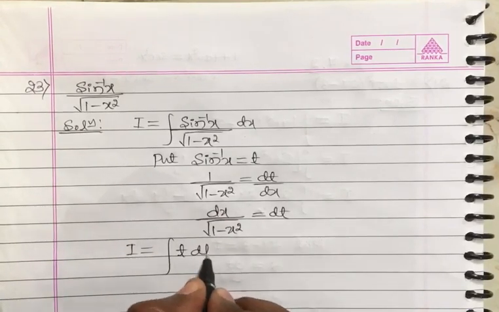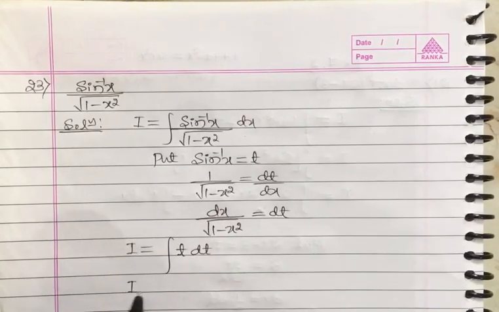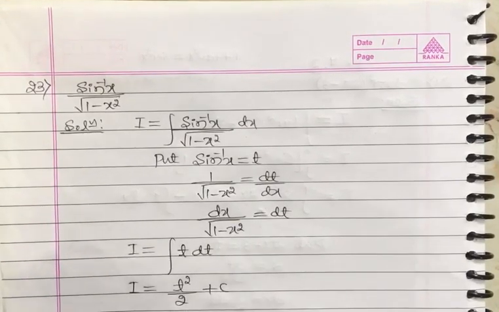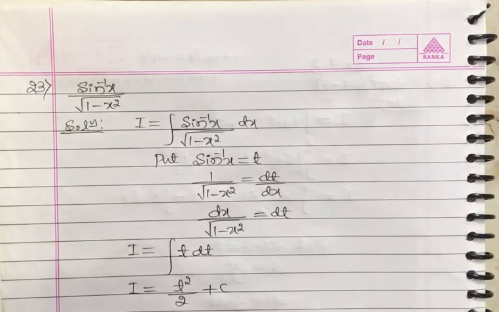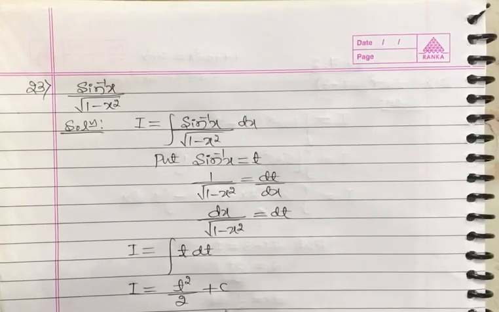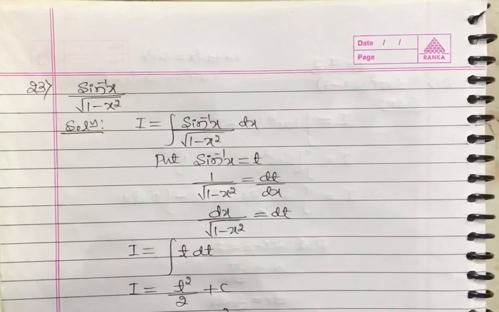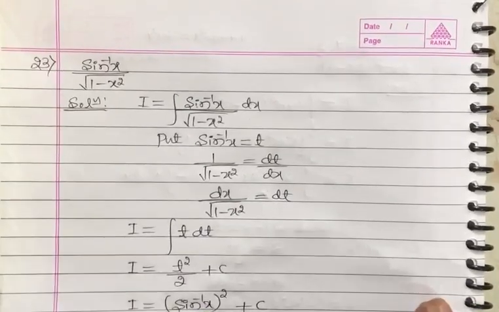So it becomes t dt. What is the integration of t? It is t square by 2 plus c. What is t here? Sin inverse x the whole square divided by 2 plus c. So this is all about the 23rd problem.